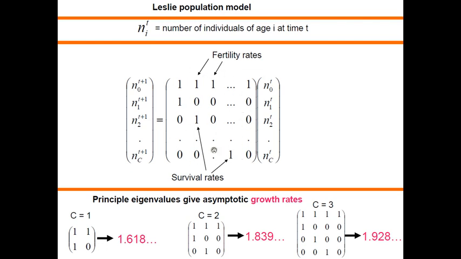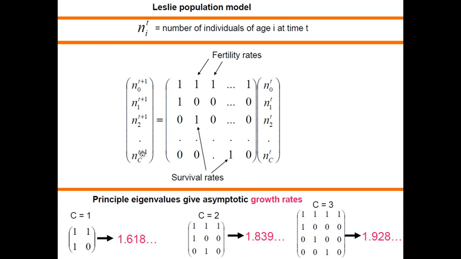Actually, this is just a special kind of Leslie matrix. The idea is that we have these fertility rates across the top, and these tell you how many offspring vertices of different ages will have. And in the off diagonal, you put the survival rates, which are the probabilities that a vertex of a given age survives until the next age.